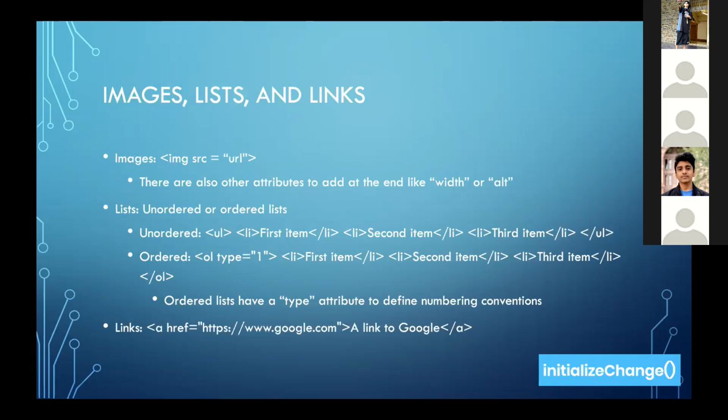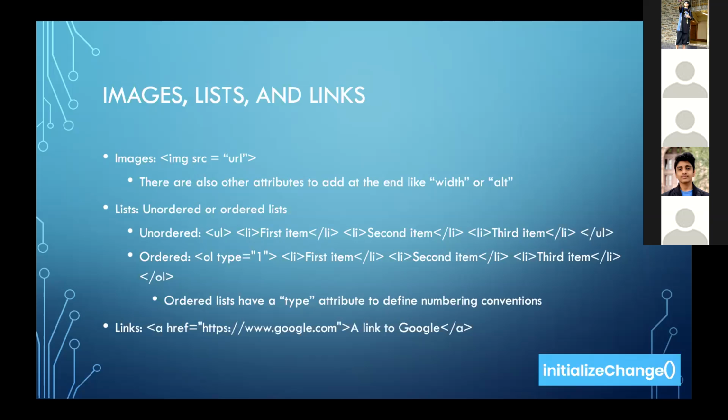So to expand more on the images, the lists, and the links, we do have the image tag, of course. The image source equals the URL, as I mentioned before. The source is an attribute, and if you connect a URL to that link, it'll retrieve that specific image source and display it within your website.